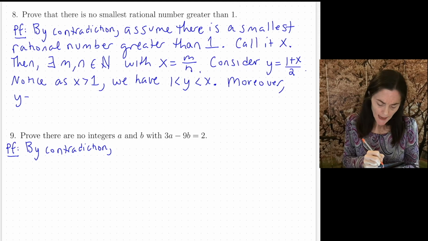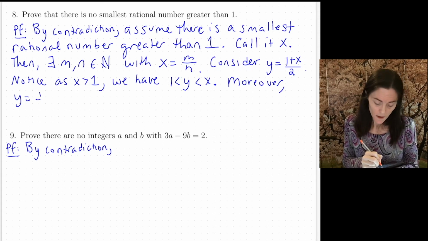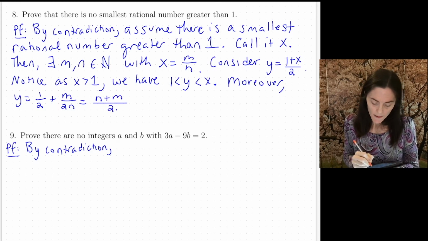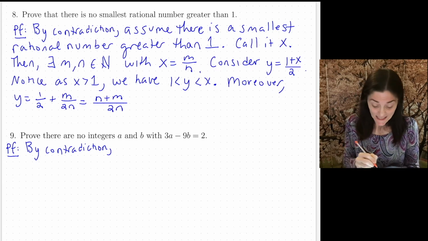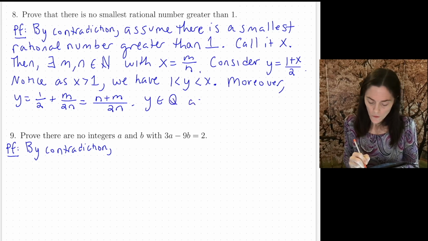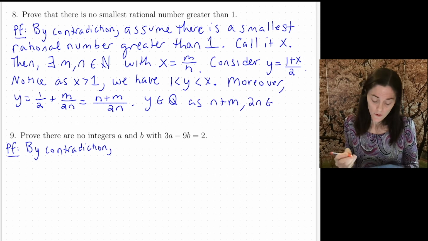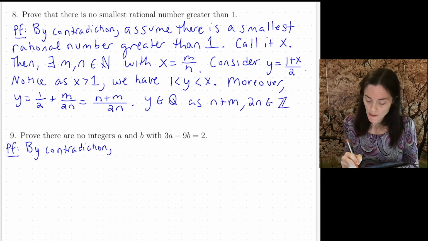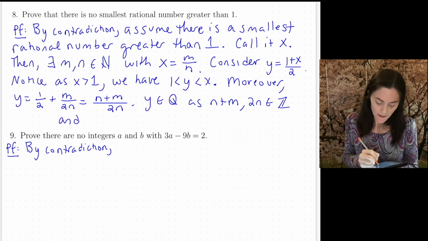And so we can just add, this is 1/2 plus m over 2n, which is (n plus m) divided by 2n. And this is a rational number, where these are in fact natural numbers, but I'll just say in Z, and 2n is not equal to 0.